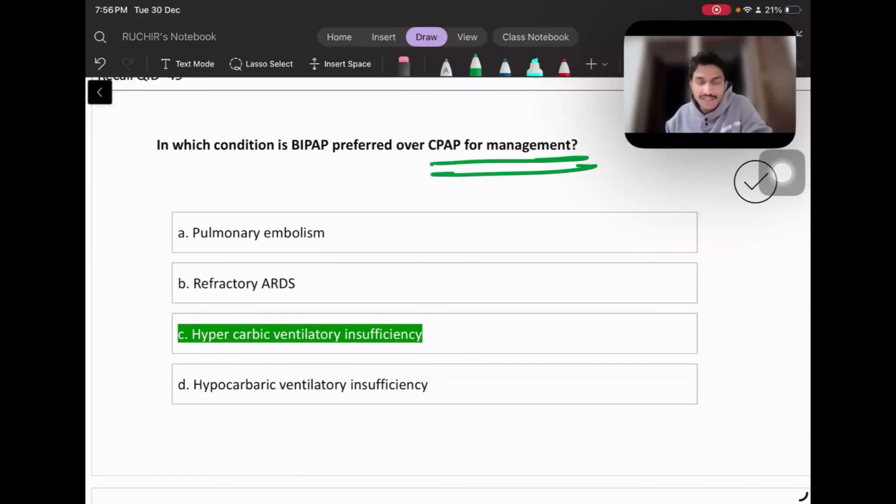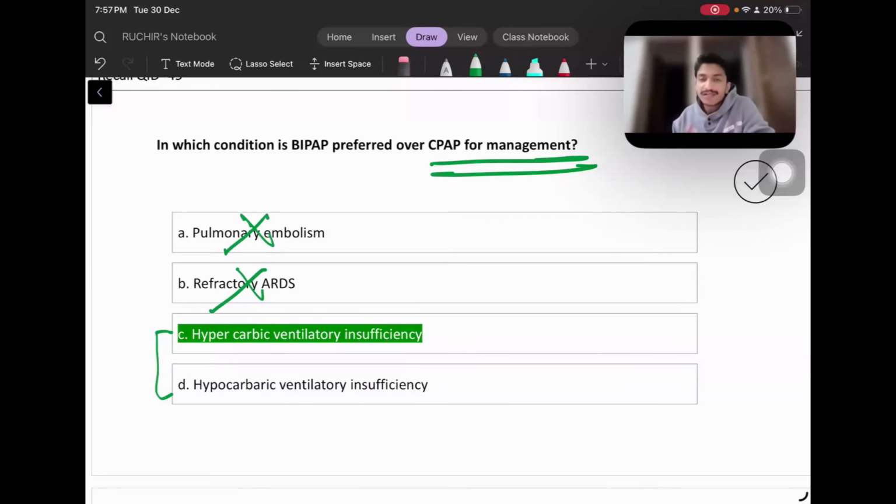I think the question stem is okay and the options are also okay in this. Yeah. So here, even if you have not gone through that topic, you will see by ruling out that pulmonary embolism has no role or confusion between BiPAP or CPAP. If the patient is unstable, you intubate. Refractory ARDS, you will require invasive ventilation, not non-invasive. Now there is a confusion between hypercarbic and hypocarbic.